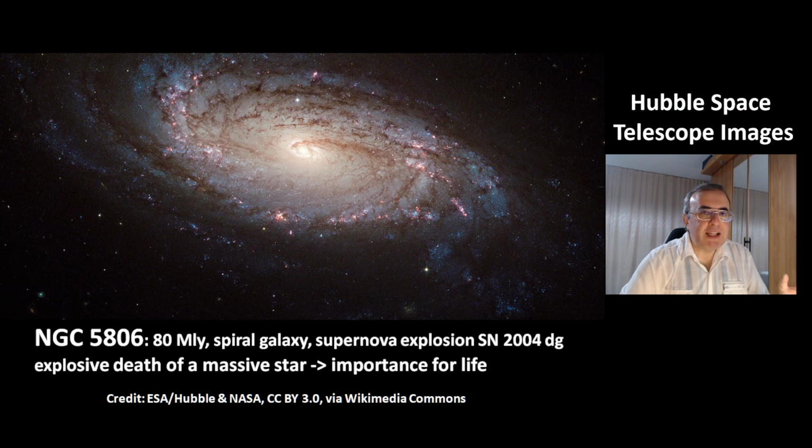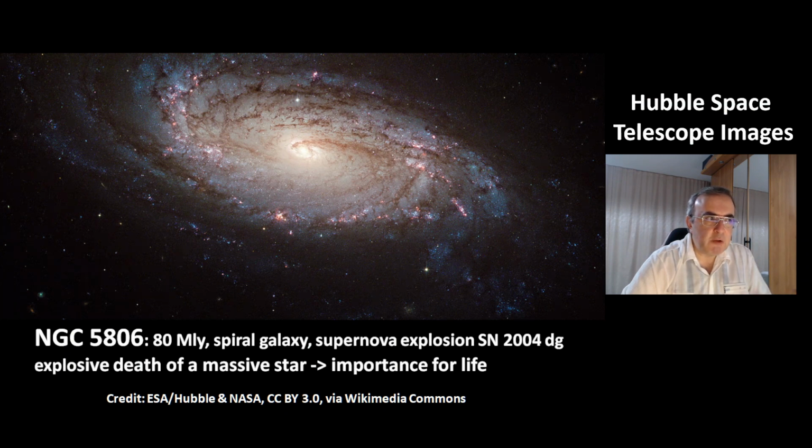This is a picture of the galaxy NGC 5806 at 80 million light years distance. It's a spiral galaxy. There was again another supernova explosion, SN 2004DG, that was observed.